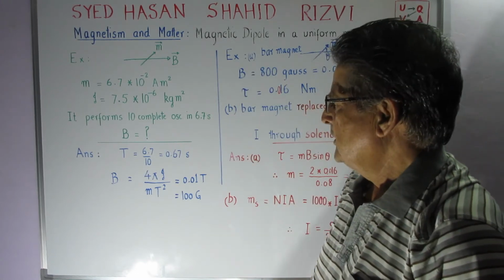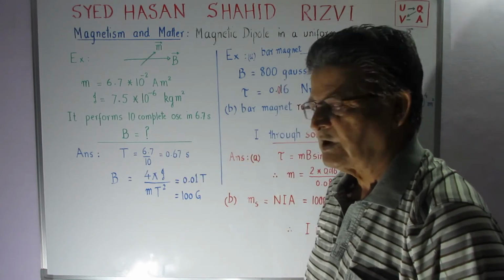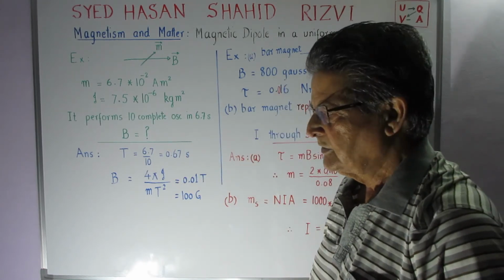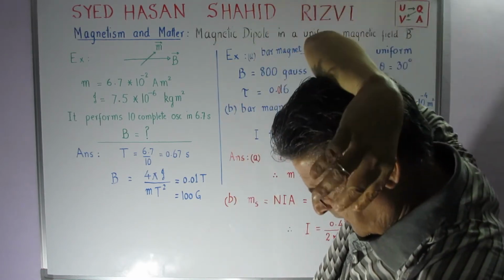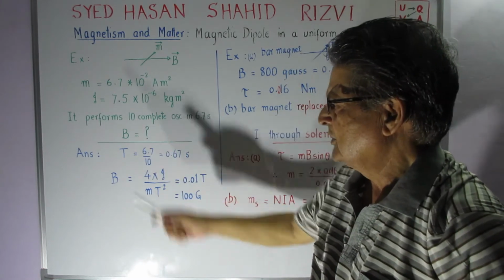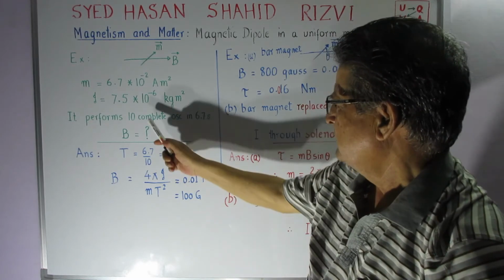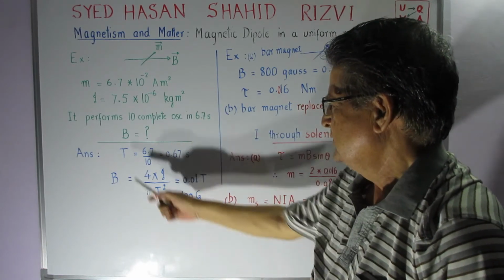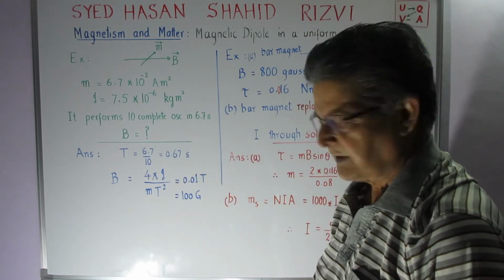Another piece of information is that it performs 10 complete oscillations in 6.7 seconds. They are asking what is the value of B, right? So this information gives us the value of T, 6.7 upon 10, 0.67 seconds.